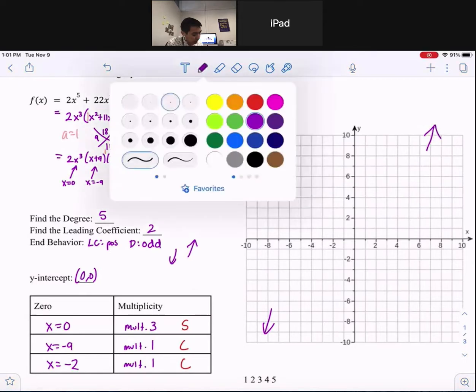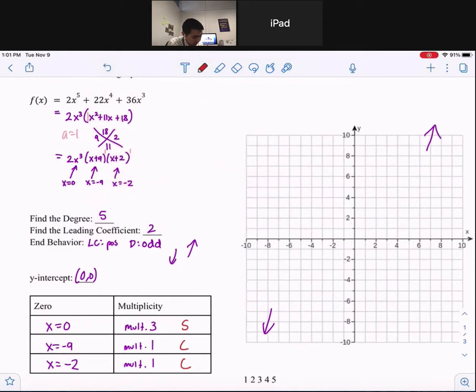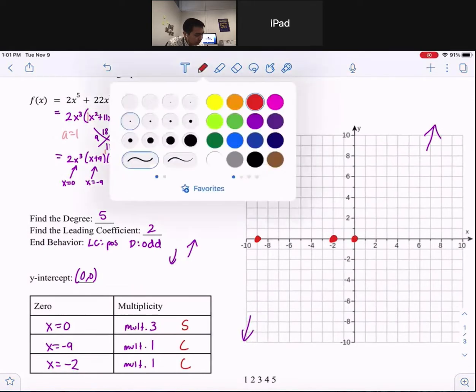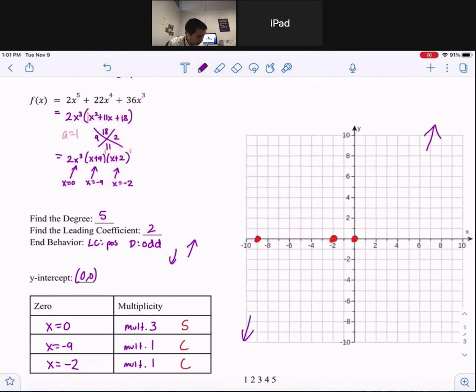Plot your zeros, so at x equals 0, at x equals negative 9, and at x equals negative 2. Okay, now let's go about this. So we are approaching negative 9. At negative 9, it crosses.